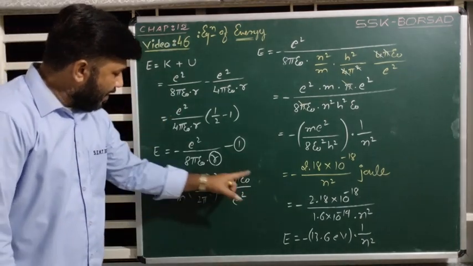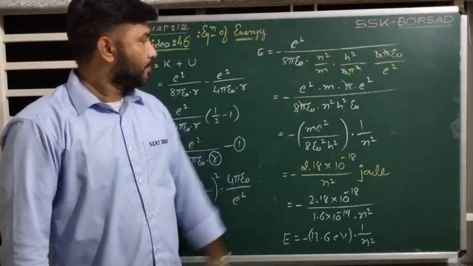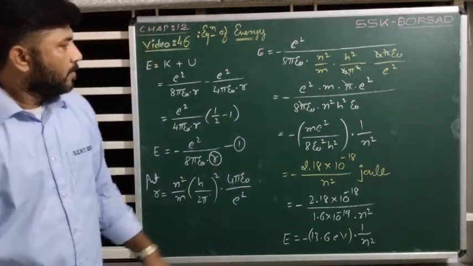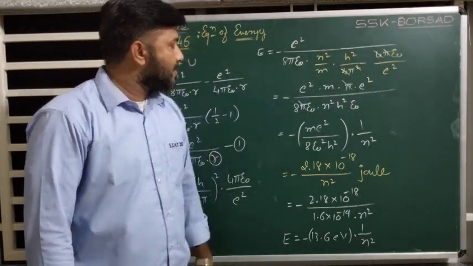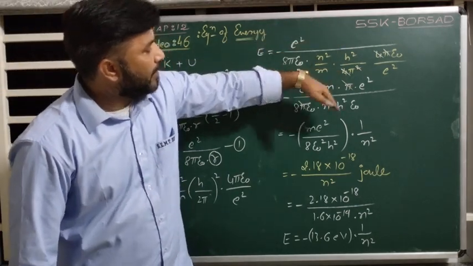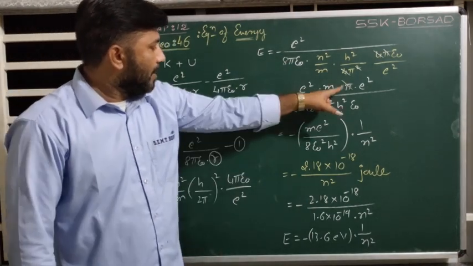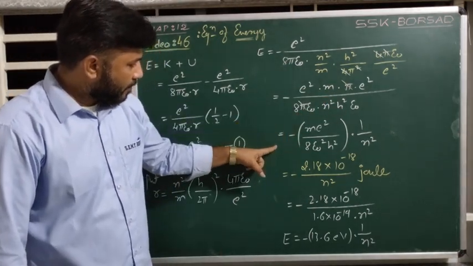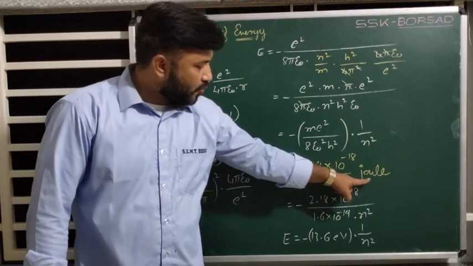Put this value here, cancel 4 pi, take the denominator terms to the numerator, and pi will again cancel.